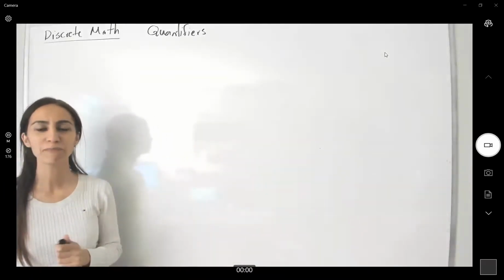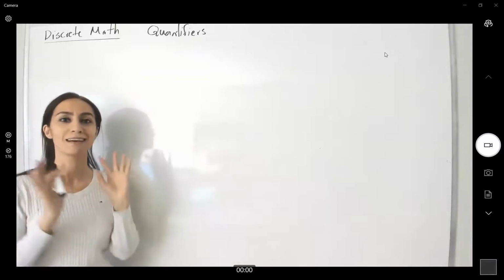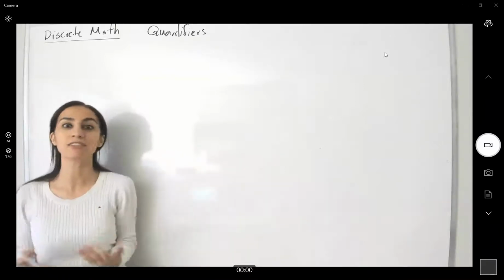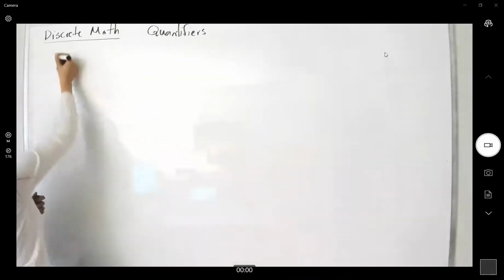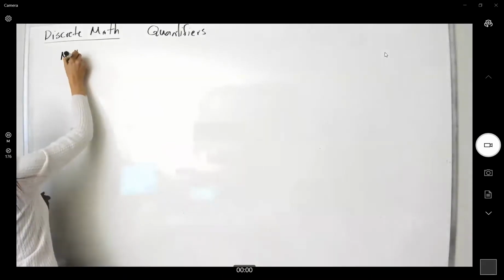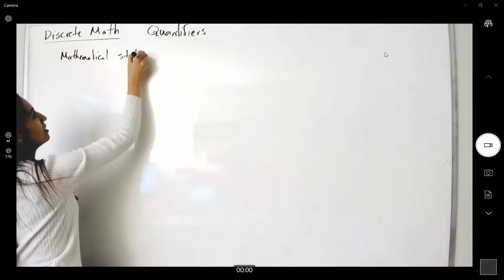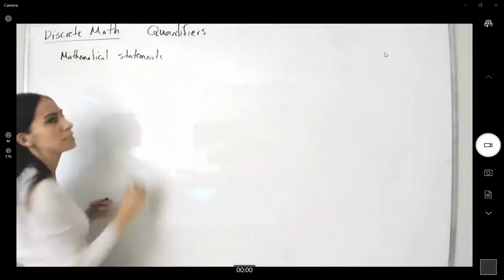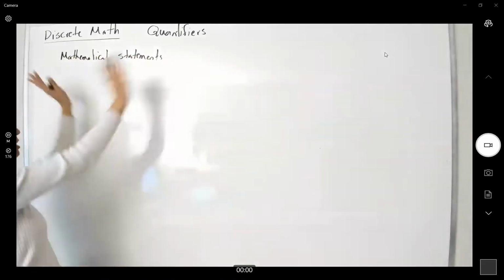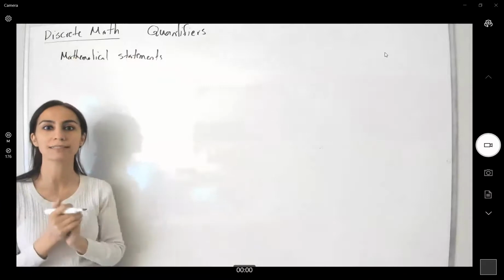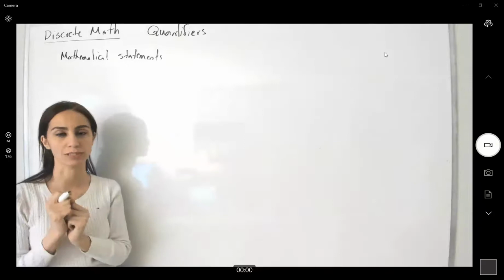Perfect. So what have we learned so far? We started talking about statements in this class, not just English statements. We talked about mathematical statements, like P, Q, sometimes we denote them by A, B. We learned that if we have a mathematical statement, we can assign only two values to those statements.